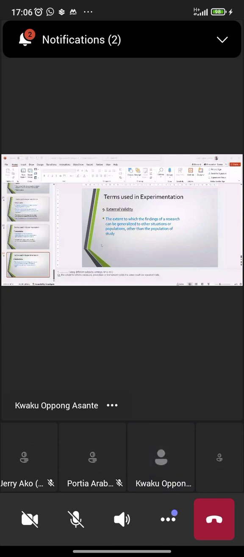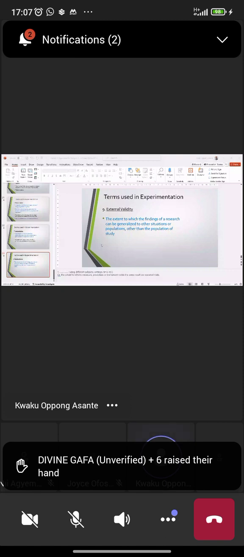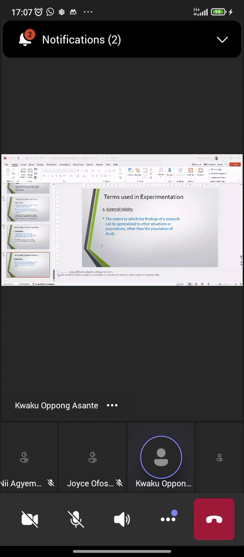Yes, Catherine. Yes, please. I want to ask, as a researcher, if I'm controlling an extraneous variable in an experiment, how do I do it in order not to violate the rights of those who are participating in the experiment? Okay, so as I said, one of the ways of doing it is just using randomization, where people do not know. We assume that automatically the first level of balloting you did, if there is an IQ, we don't assume that all those that are intelligent will go out of the study, or those that are not knowledgeable will be retained.